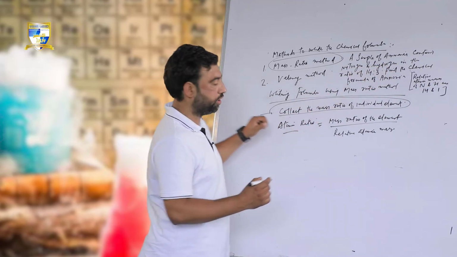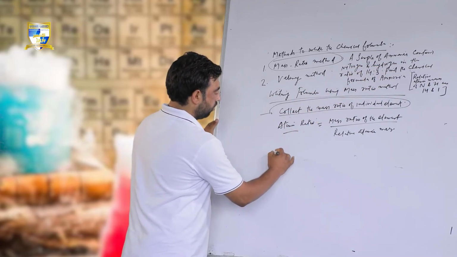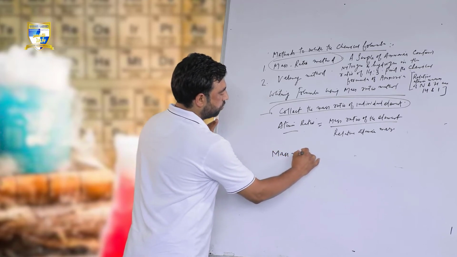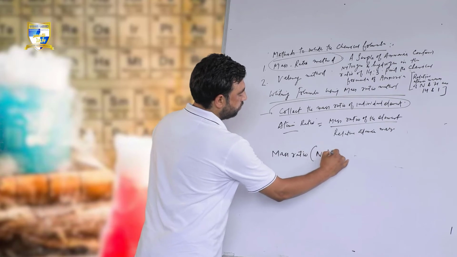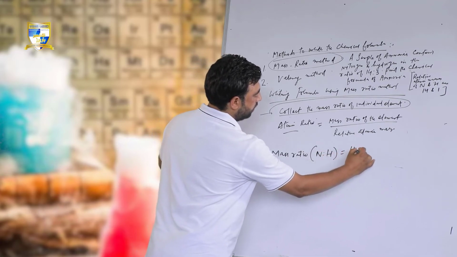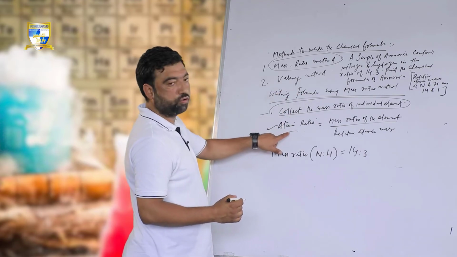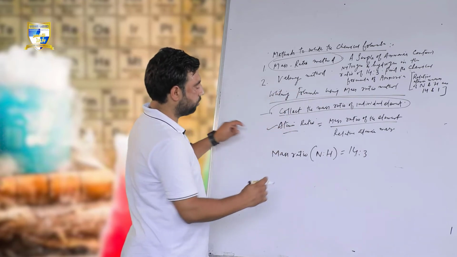Now see, in the example, what we are given: a sample of ammonia contains nitrogen and hydrogen in the ratio of 14 is to 3. So, first collect the mass ratio. The mass ratio of nitrogen to hydrogen is given, that is 14 is to 3. After collecting the mass ratio, what do we have to do? We have to find out the atomic ratio.